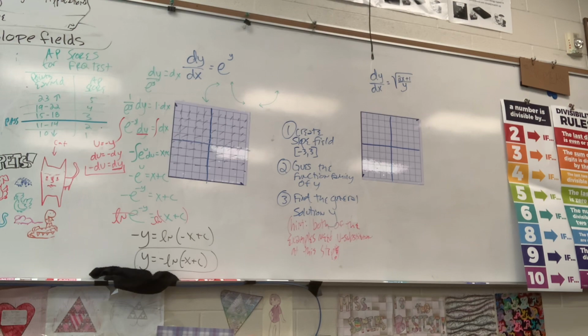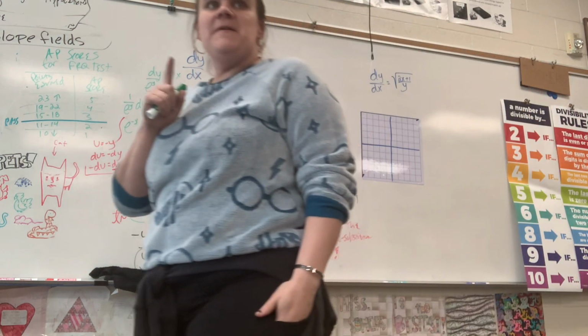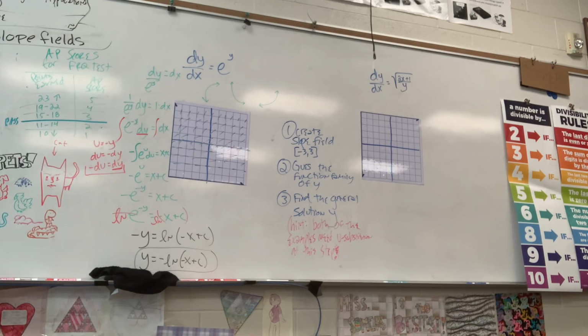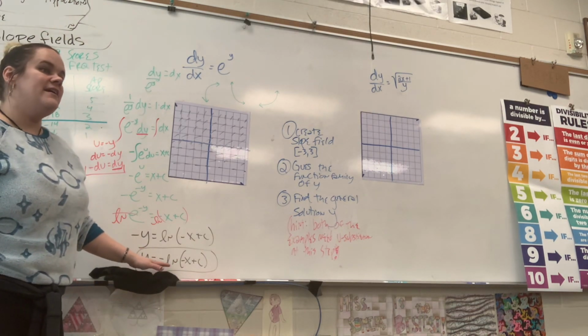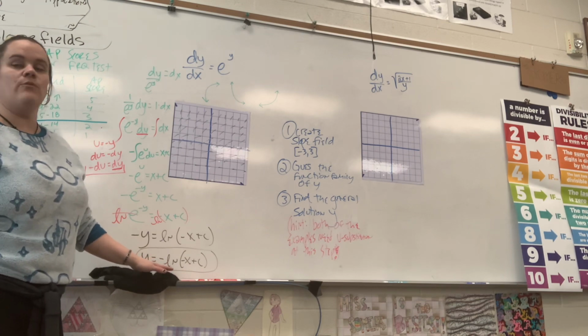Yes. So this actually is an e to the x graph. Here's why. Do you remember how inverse graphs compare to each other? They're a reflection over the line y equals x, which essentially is a reflection over the x-axis and then a reflection over the y-axis. So this essentially is e to the x. It's just a more complicated equation that represents it.